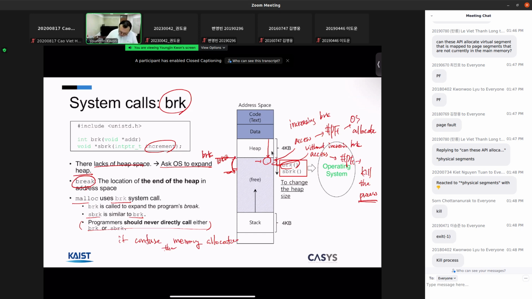Maybe there is one question. SBRK(0). When you are doing some low-level programming, you may see this function, SBRK(0). What does it mean? The increment length is 0. Then what does it mean?